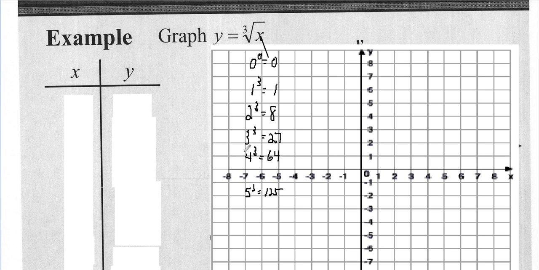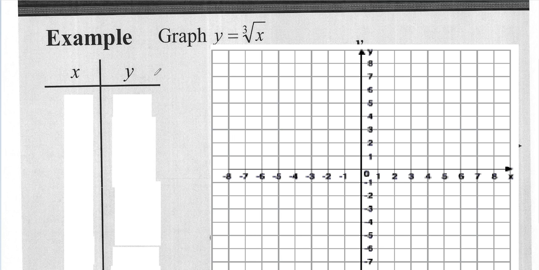So I've got numbers 1 through 5, so I can stay on the map here. I don't want values that are any larger than that. So let me erase these if I can. Get them off the board. And I'll use those values here to do my graphing.